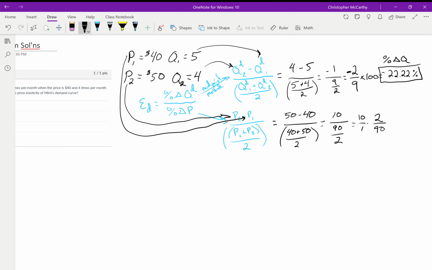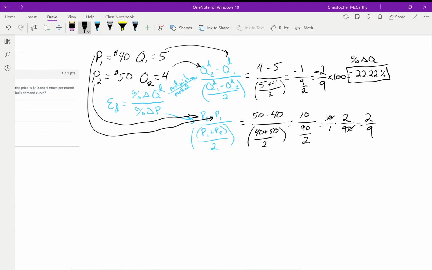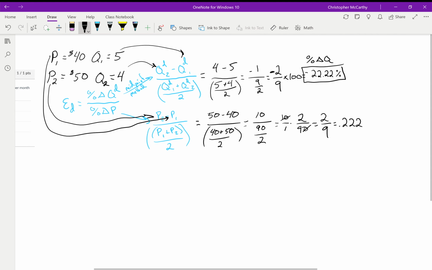And so the 10 and the 90 cancel out, and we end up with just 2 over 9. And again, 2 over 9 is 0.222 repeating. But of course, this is a percentage change, so we multiply by 100 in order to get a 22.2% increase in my price, the percentage change in my price.